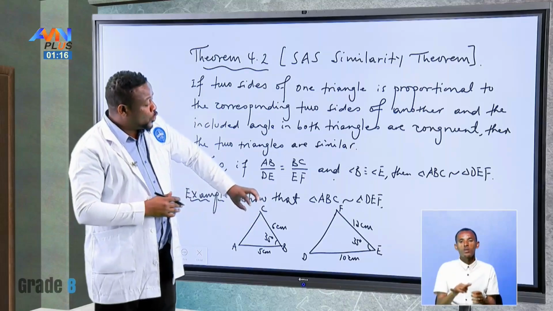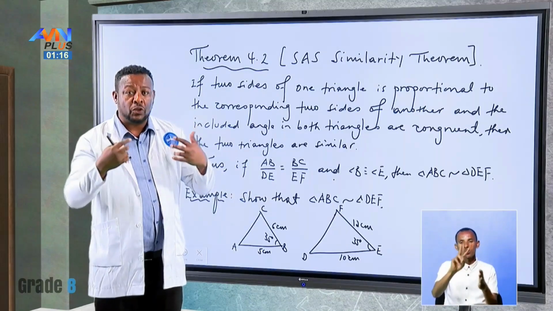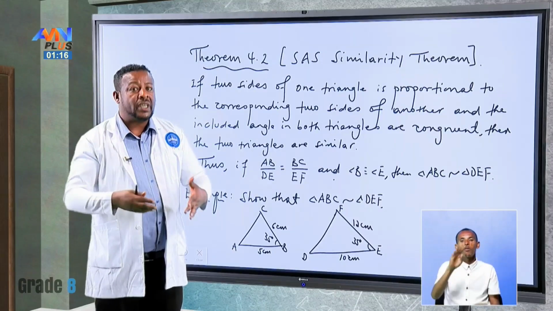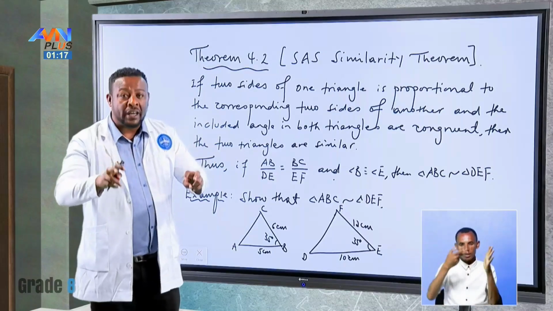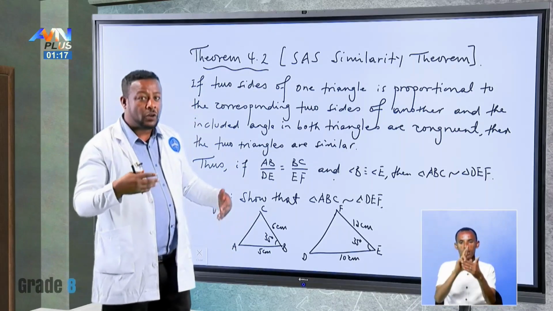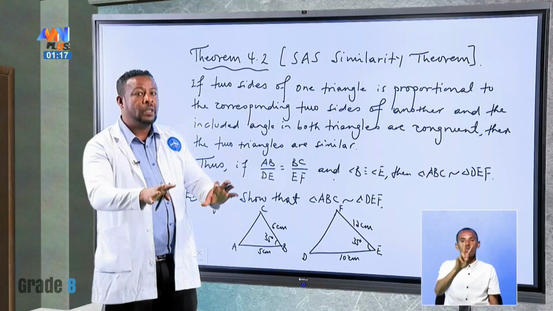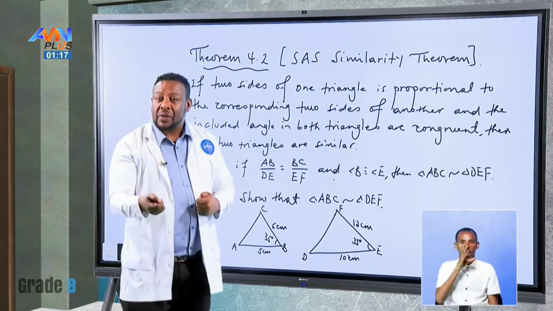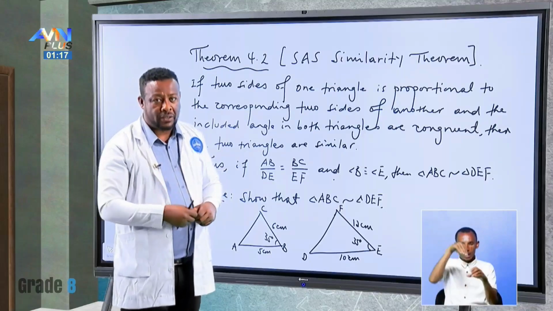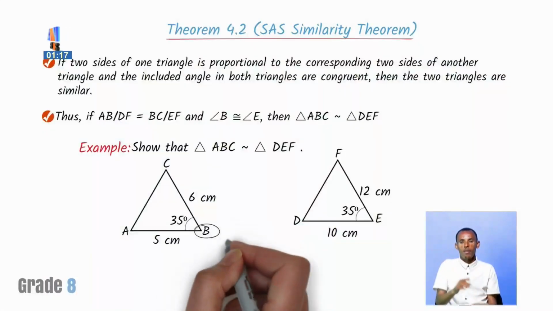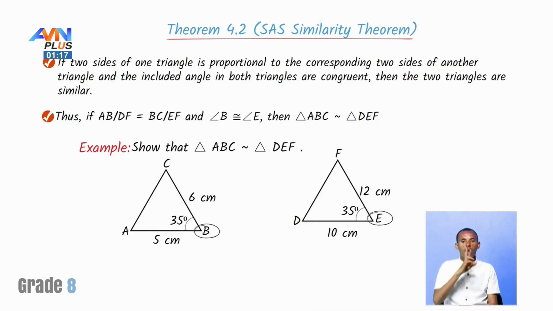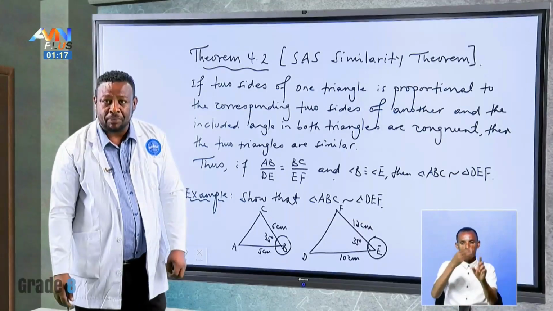To show these two triangles are similar, we need to remember theorem 4.2, which requires two conditions. One condition is that the ratio of the corresponding sides of the two triangles must be the same. The other is that there should be one congruent included angle in both triangles, right? So clearly, angle B and angle E are the same, right?